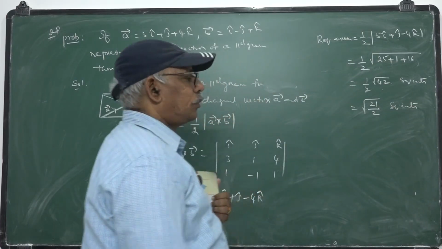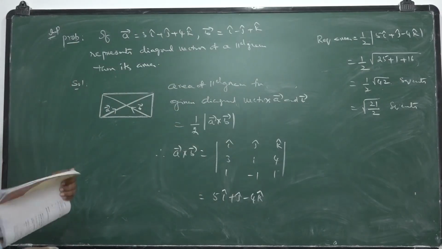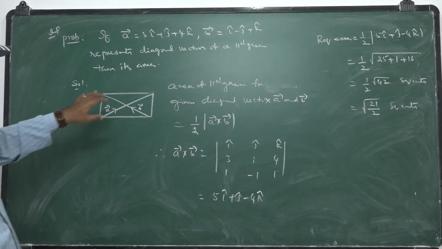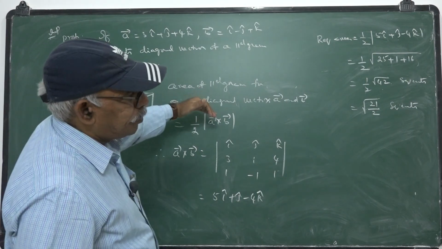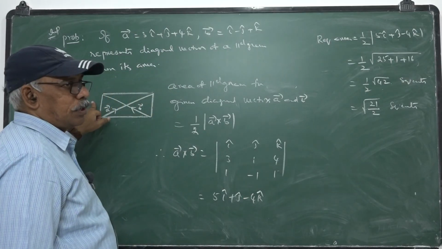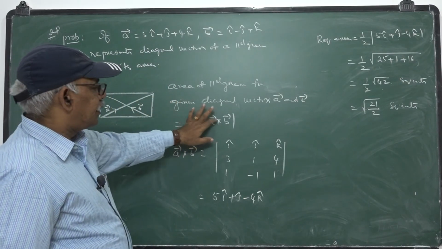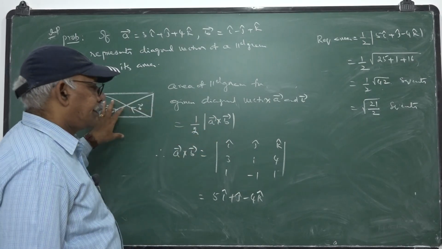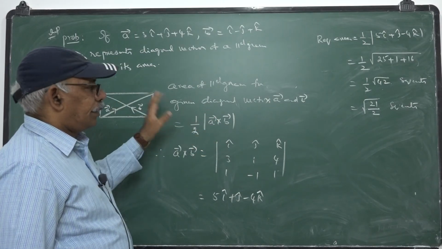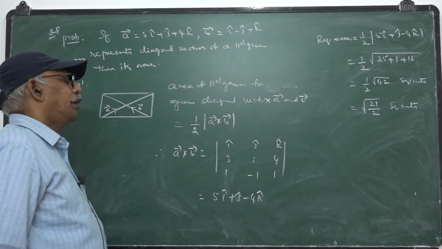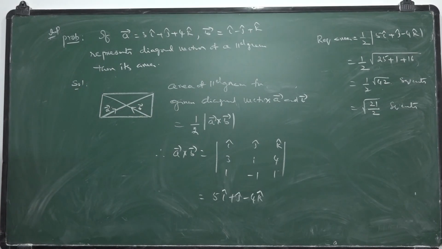Once the diagonals of the parallelogram are given, you can find the area. When adjacent sides are given, the modulus of the cross product of the adjacent sides gives the area. You can observe the difference between when the diagonals are given and when the adjacent sides of the parallelogram are given.